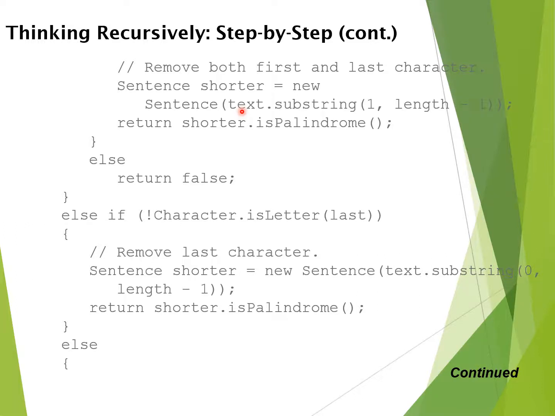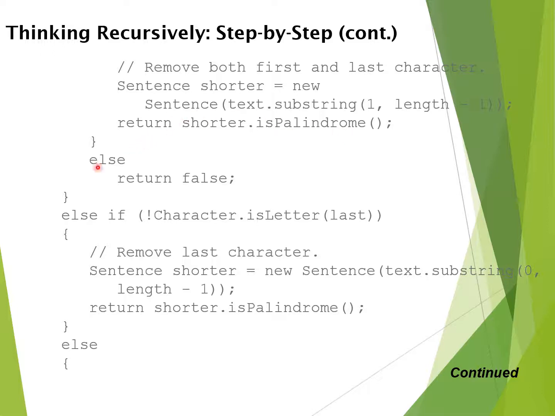You call the constructor of the Sentence class for the substring of text which starts from index 1 and ends before index length minus 1. This way you're cutting the first and last character of the sentence. And then after constructing the shorter sentence, you simply return shorter.isPalindrome. Basically, if the shorter sentence is a palindrome, the current sentence is also a palindrome.